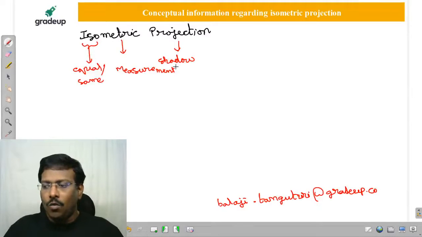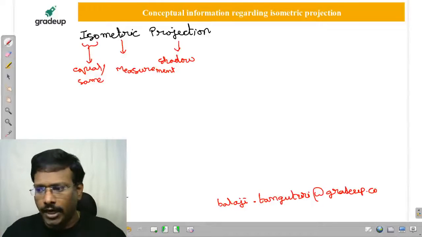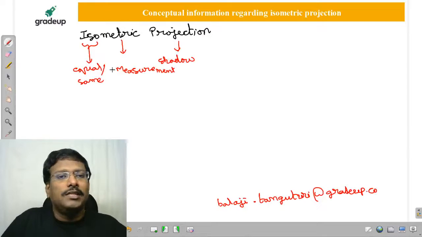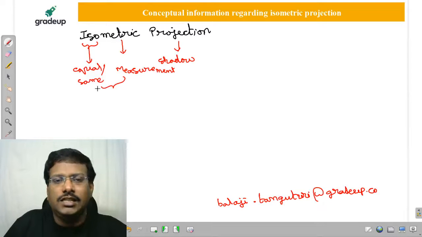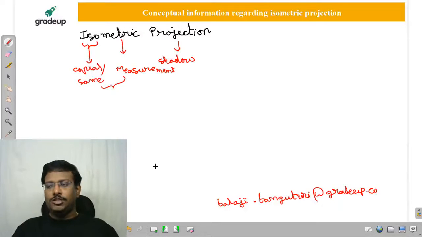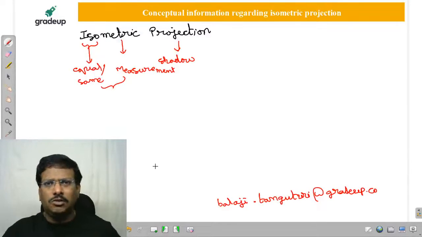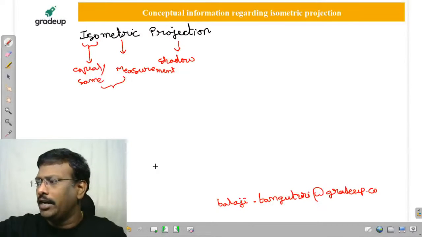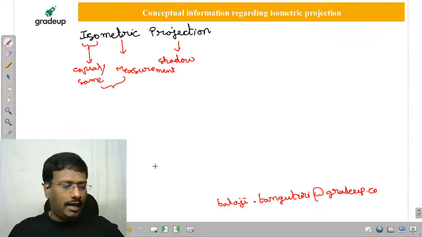Sir, here what is the measurement or unit? Whatever it may be, both are correct, my dear friends. Sir, what is the equal measurement or same measurement here? Which one will be the same in this projection? Within a few minutes, you can get this clarity, my dear friends. Don't worry.